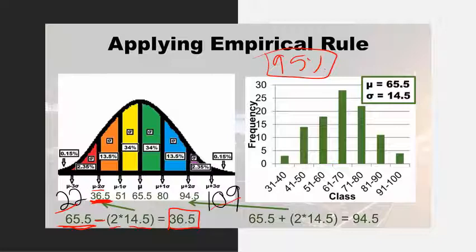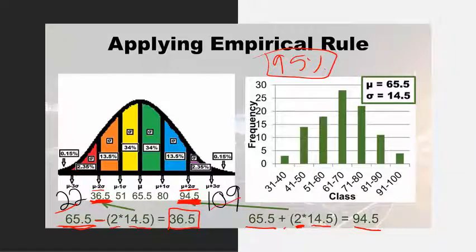Then we find our upper limit, which means we take our mean, add however many standard deviations we are trying to figure out, which is 2, multiplied by the standard deviation, and we get 94.5. This is our upper limit for 2 standard deviations.